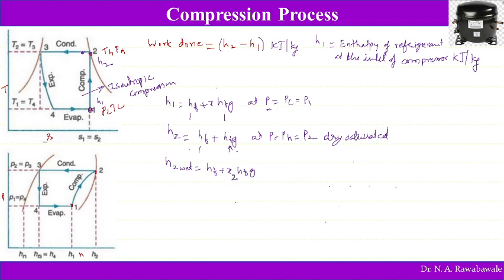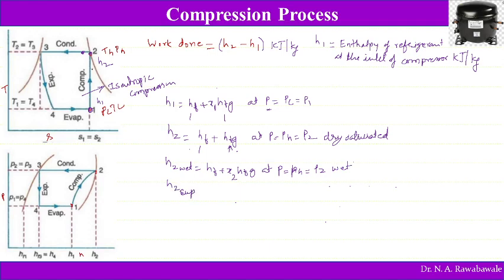In place of x, we call it x2, and this we call x1. So x2, and again these properties are taken at pressure P equal to PH, that is pressure P2, when the refrigerant is wet. Third case is H2 superheated.